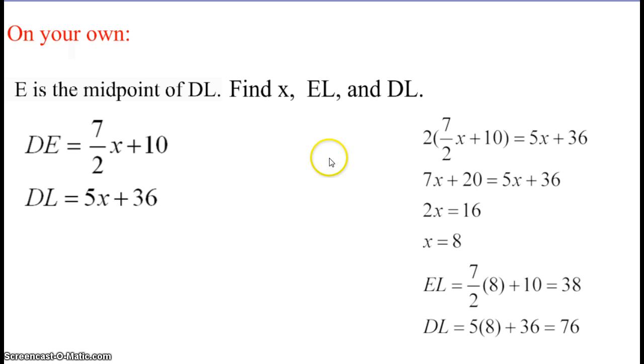Once you get x, I ask you for EL, which if you drew a diagram, EL is the same as DE. And so I can plug it into here and I get 38, and then DL is 76. You can self-check yourself that if DL is the entire segment and this is half of the segment, 38 better be half of 76, and it is.